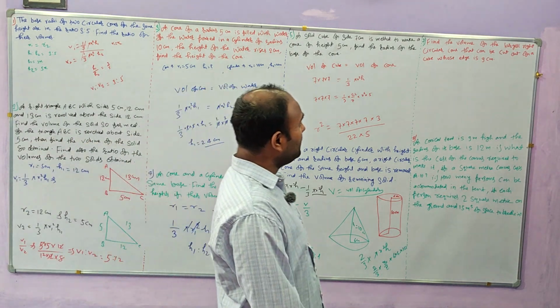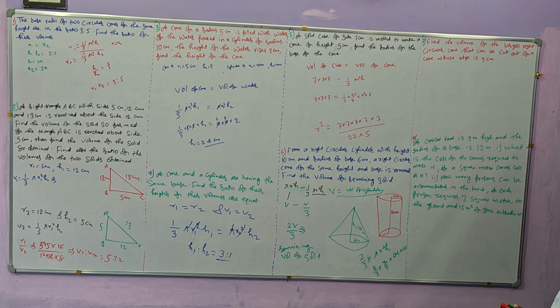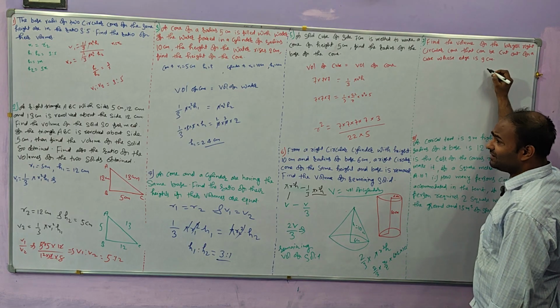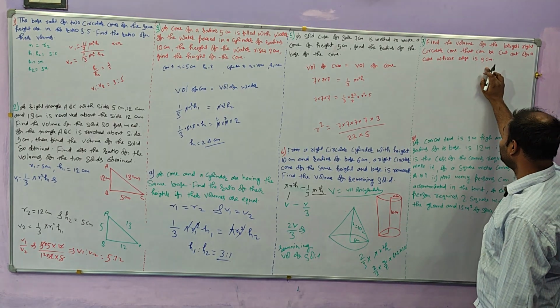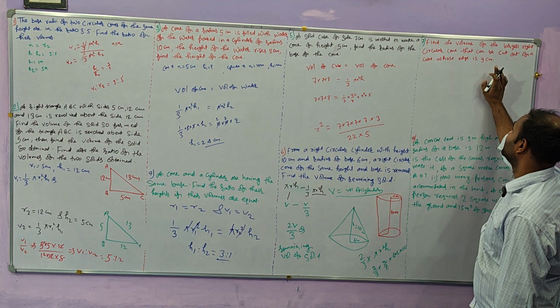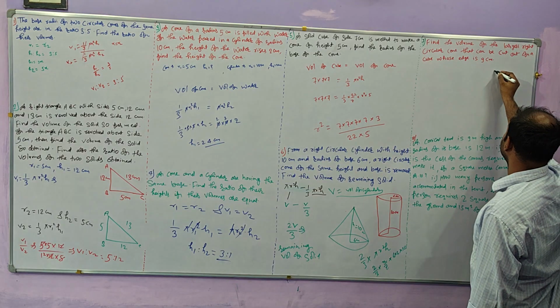By assumption, we consider the largest diameter of the cone to be 9 cm, and the height is 9 cm.